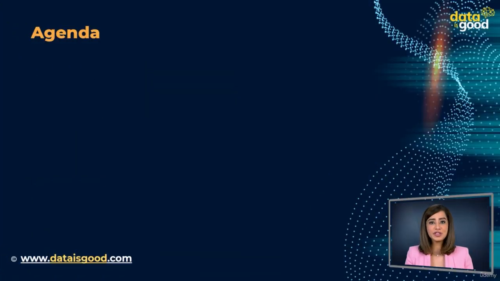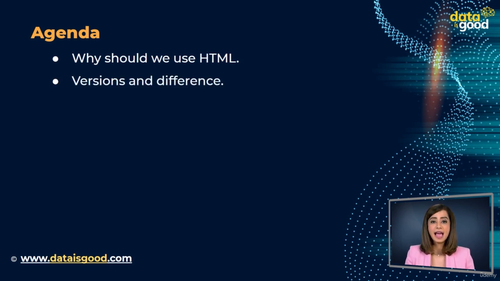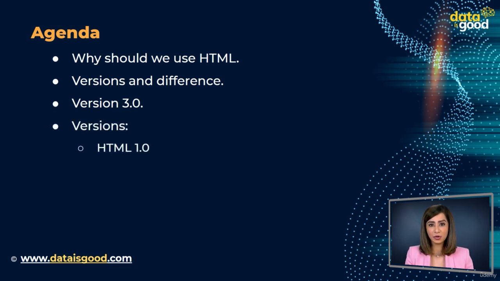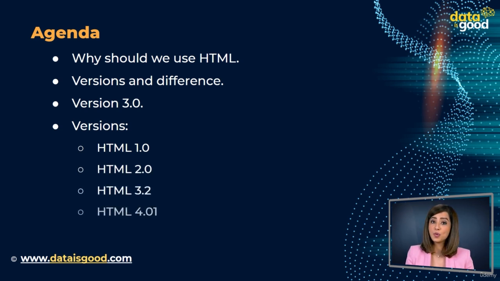At first, we're going to see why should we use HTML for our web development, then different versions and differences between each other, and why we abandoned the version 3.0. The versions we are going to see are HTML 1.0, HTML 2.0, HTML 3.2, HTML 4.01, and HTML5. So what are we waiting for?